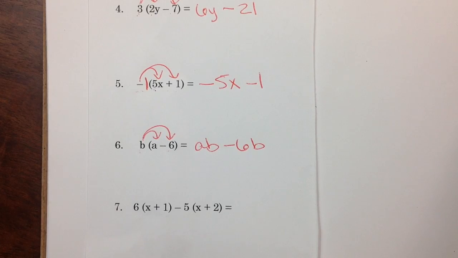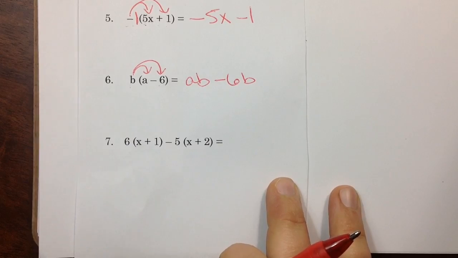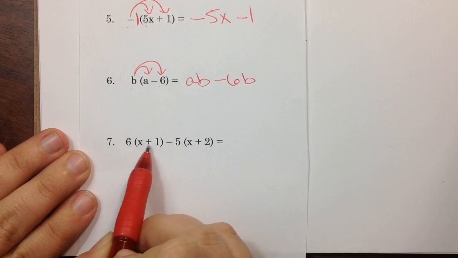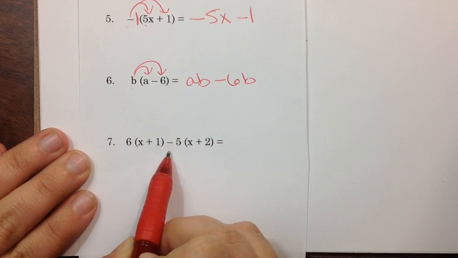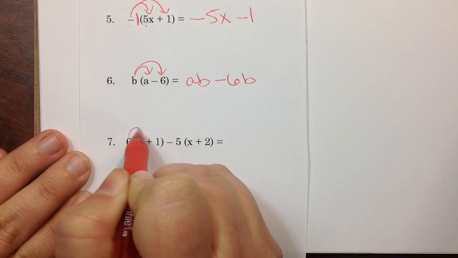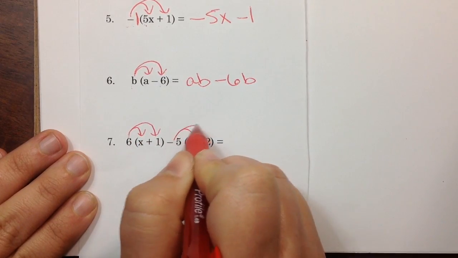Now we're going to actually start distributing and combining like terms together. So if we look, 6 needs to be multiplied by everything in this parentheses. Negative 5 needs to be multiplied by everything in this parentheses. So we're going to draw our arrow from the 6 here, and from the negative 5 here. Now we got to pay attention.